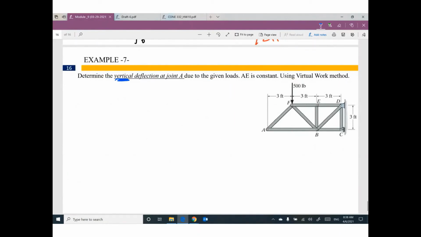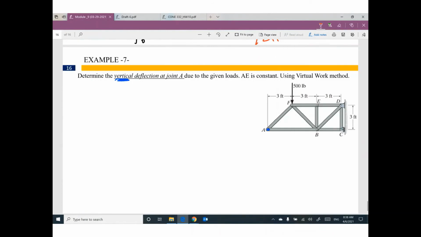Big difference. We are looking for vertical deflection at point A due to the given load. Okay, that's good. But the first step, we don't care about what is required. The first step, we need to solve this truss due to the given load.